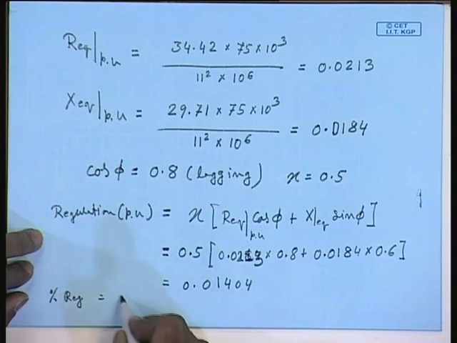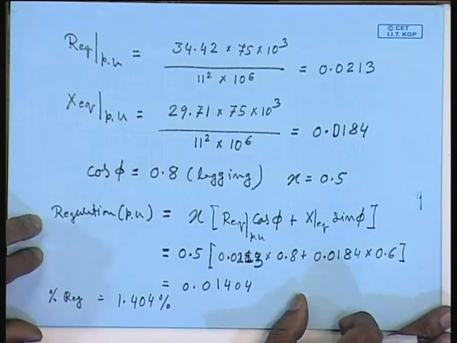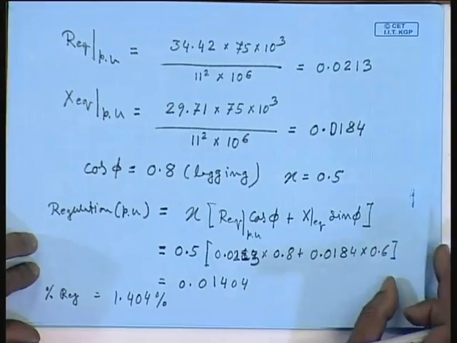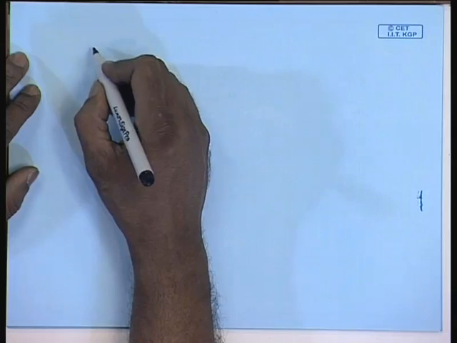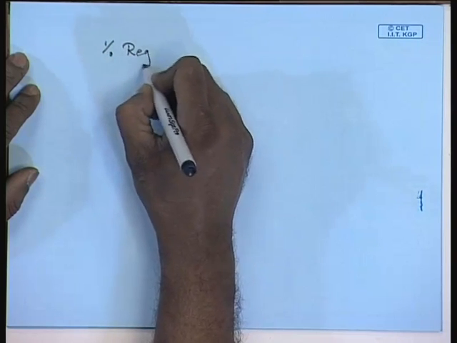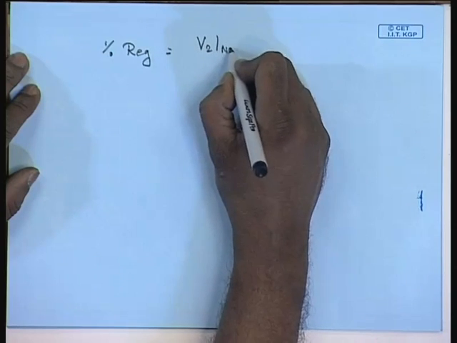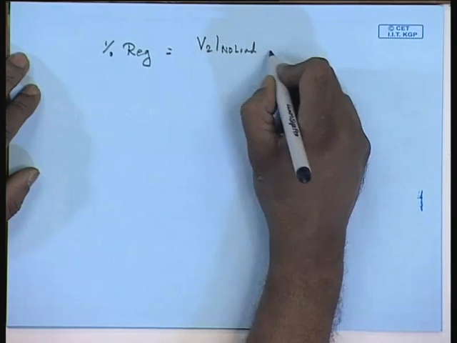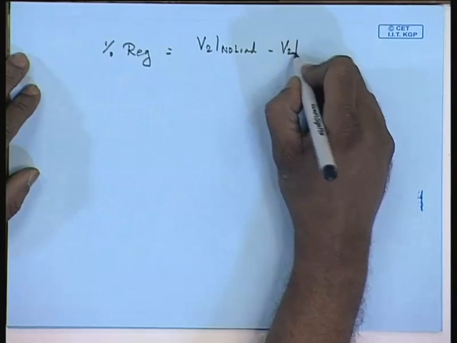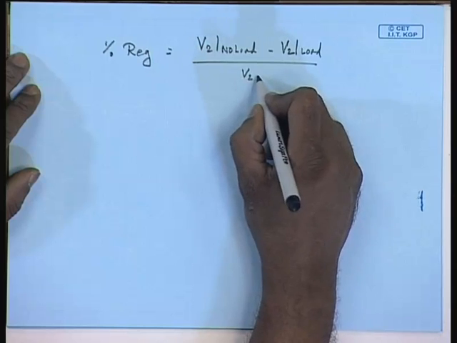So, percentage regulation equal to 1.404%, which means the percentage regulation is by definition V2 at no load minus V2 at load divided by V2 at full load.